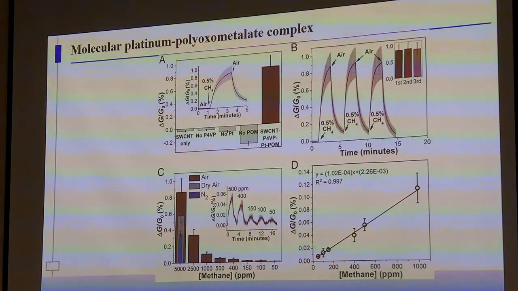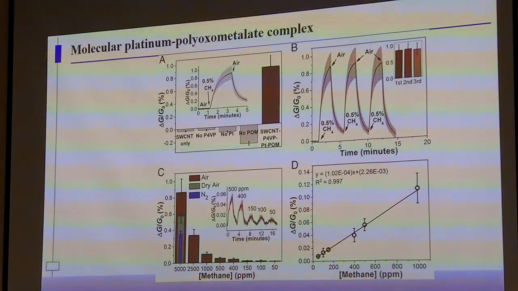And at least among these different types of sensors, this particular sensor is showing really very high sensitivity here. So we introduce high sensitivity in a random network. And here you can simply see on and off, this is the first cycle. When you plug in air, it decreases and increases and decreases here.